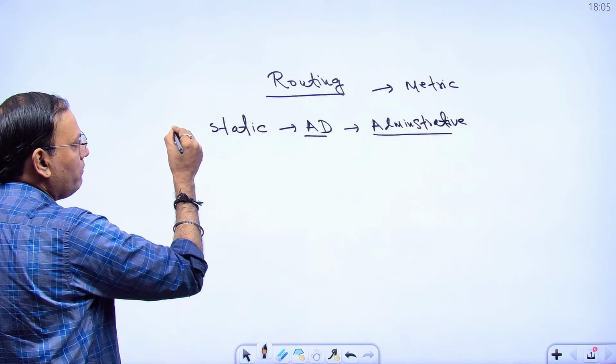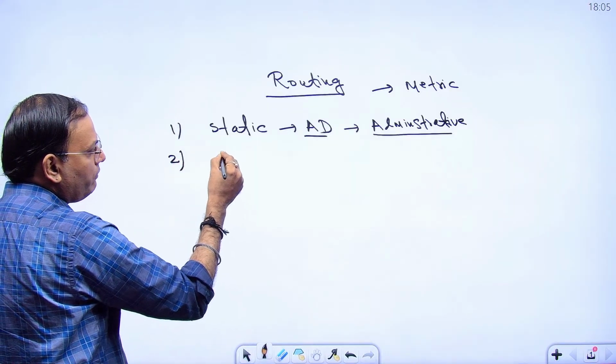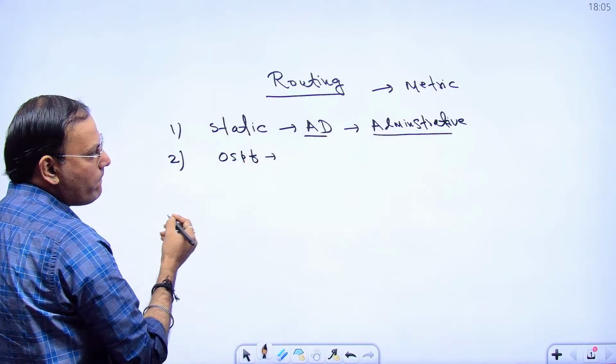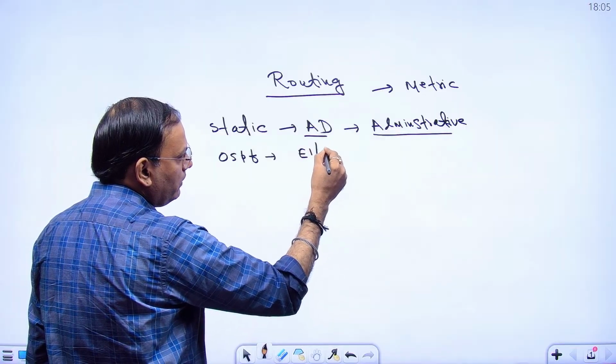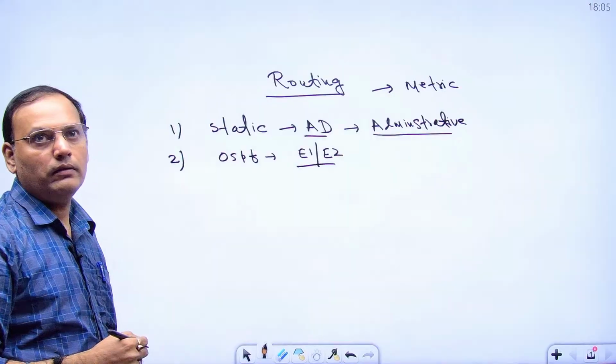So static route works on AD, then OSPF works on E1 and E2 routes. This is basically the metric of OSPF. It is cost.